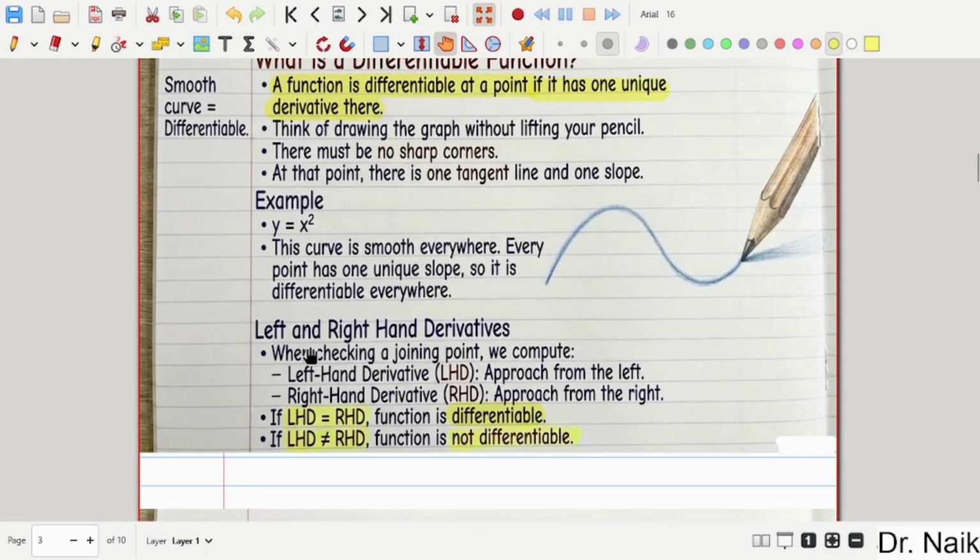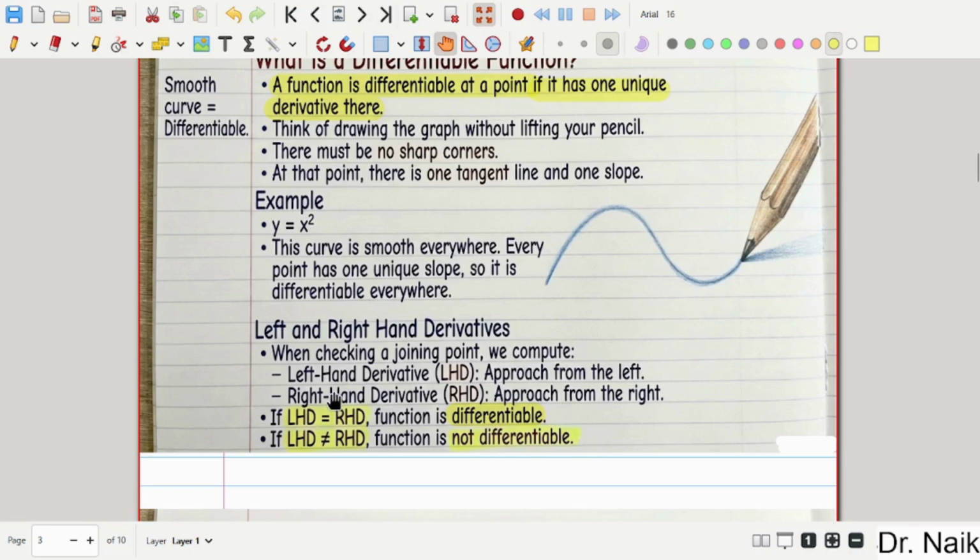Now let us understand left and right hand derivatives. When checking a joining point, we compute the left hand derivative, LHD, that is approaching the point from the left side, and the right hand derivative, RHD, that is approaching the point from the right.